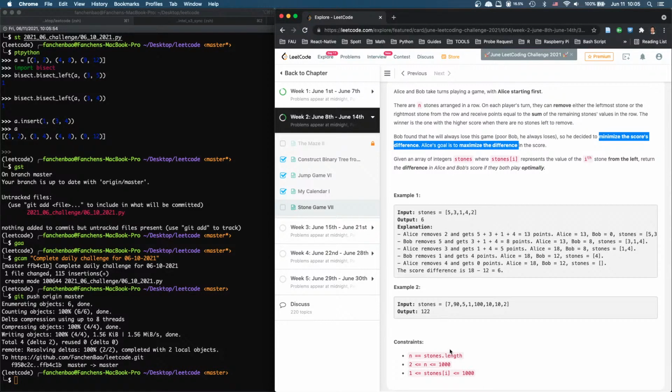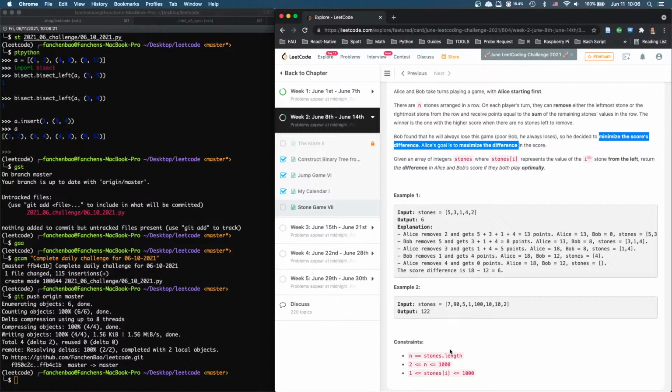And Bob is N1. I think when 3 is left, if Alice picks first, Alice will pick the small one. If 3 is left for Bob, then Bob will pick the small one as well.